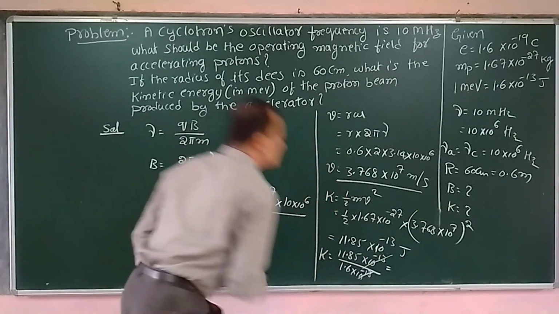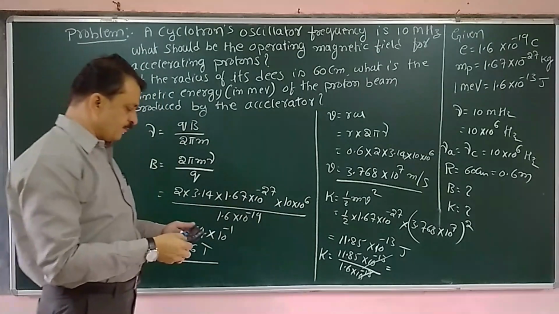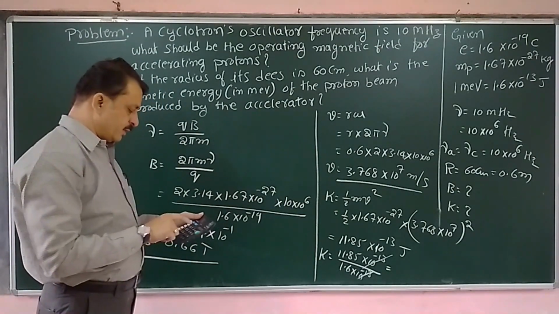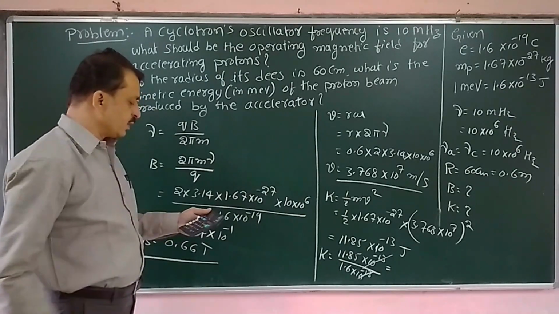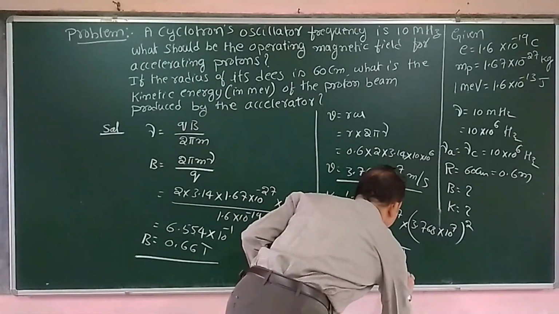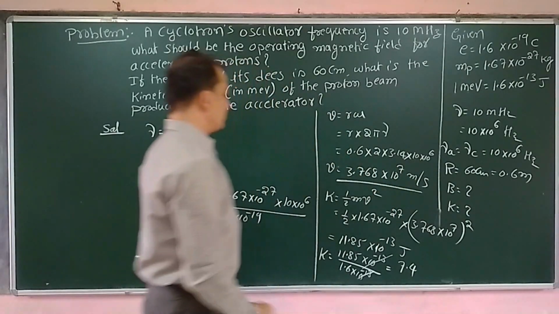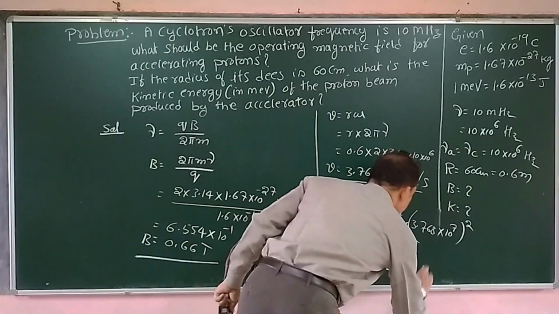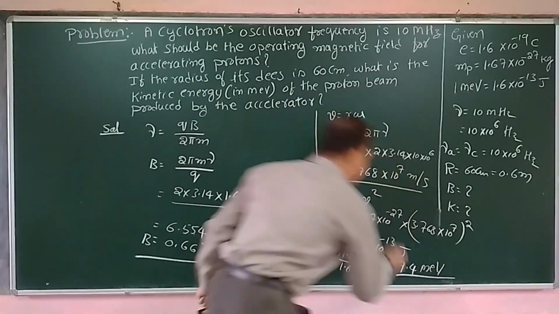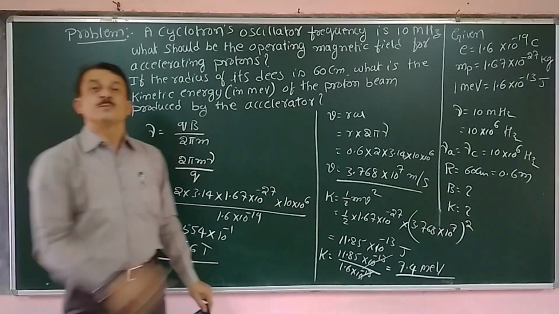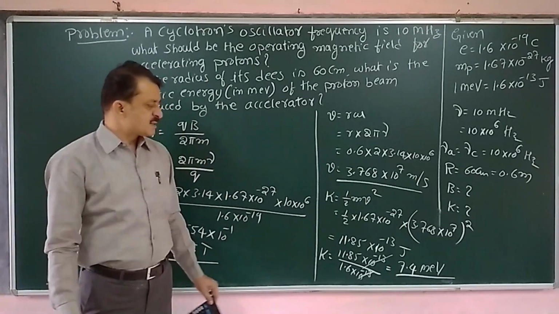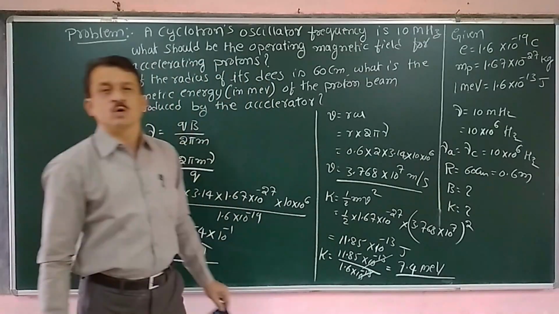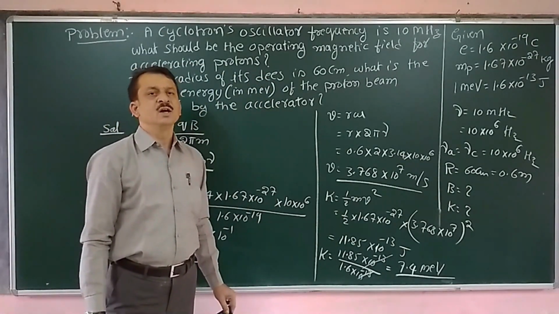The 10 to the power of minus 13 cancels. Now we divide 11.85 by 1.6, that gives 7.4 million electron volts, MeV. The final kinetic energy of the proton coming out of the cyclotron in this problem is 7.4 million electron volts.